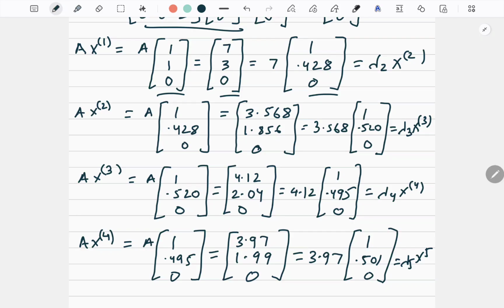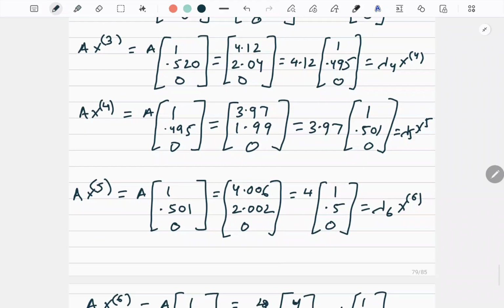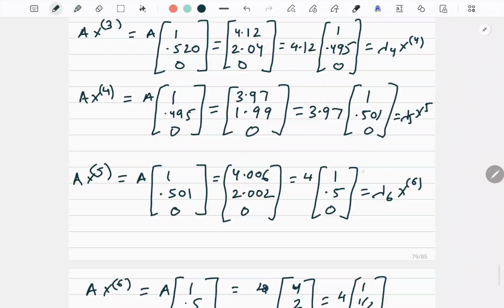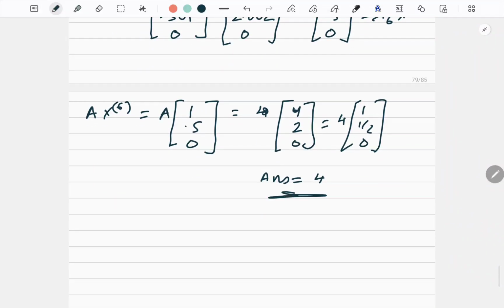But don't go for a complicated initial vector. Select 1 1 1 or 1 0 0, 0 1 0, 0 0 1. So your calculations will be easy. I hope you understood this method. It is a very simple method but very important, and usually it is asked for more marks because it is lengthy. So in this question, when I keep on doing, in the 6th iteration I am getting the answer as 4.